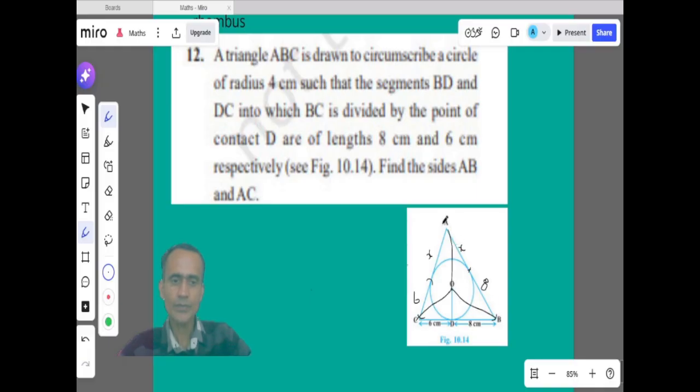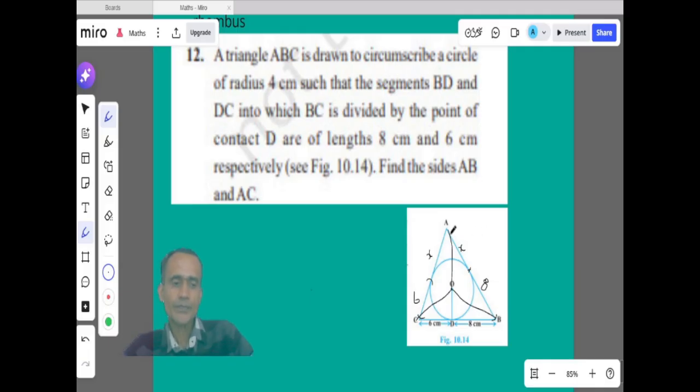Now we get three triangles, COA, AOB and COB, and the sum of these areas will be equal to the area of ABC. I mean the area of ACO, the area of AOB, and the area of BOC. These three will add up and make the area of triangle ABC.